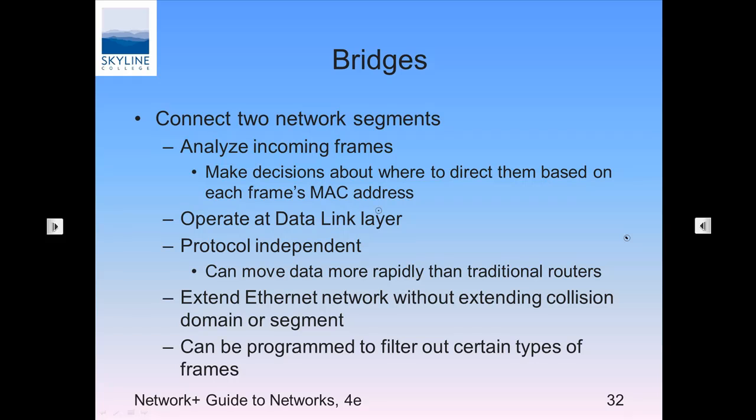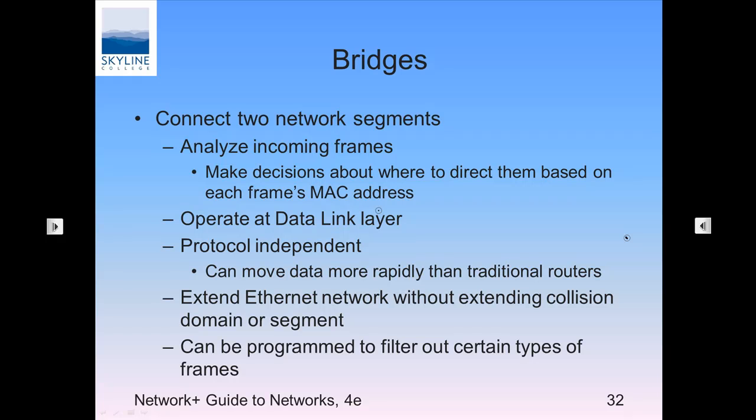Extend the Ethernet network without extending the collision domain or segment, because we didn't increase the collision domain. And using the 5-4-3 rule, we could extend those and not create any more collision domains in here. Because how many collision domains do we have? Two, right?